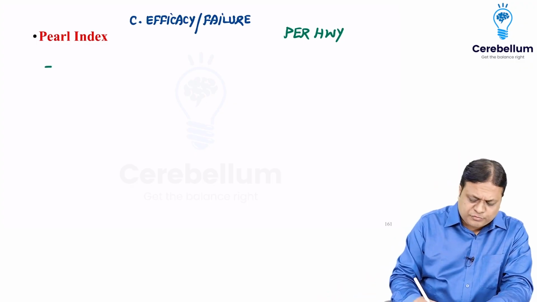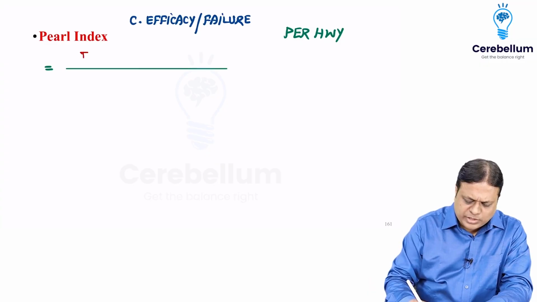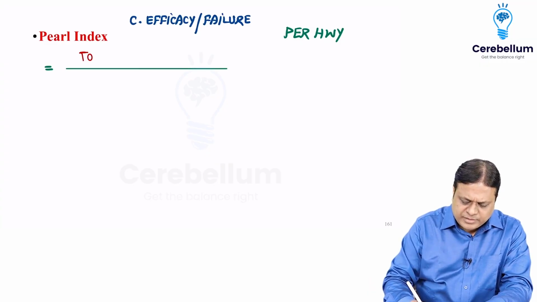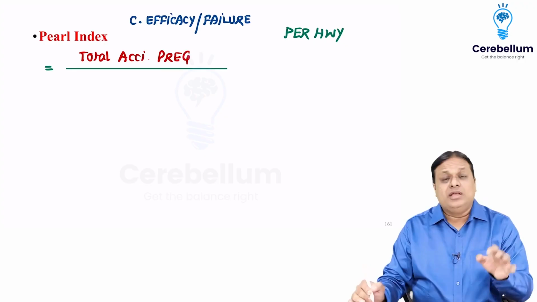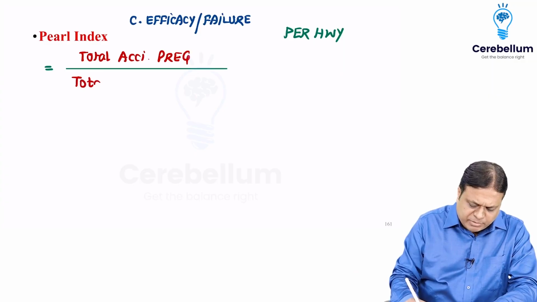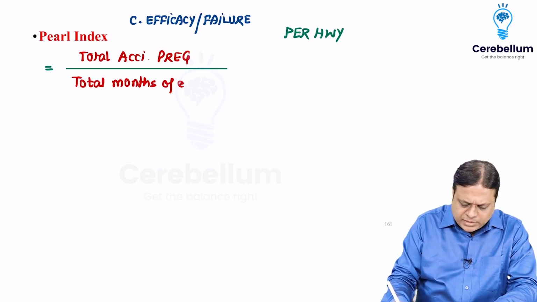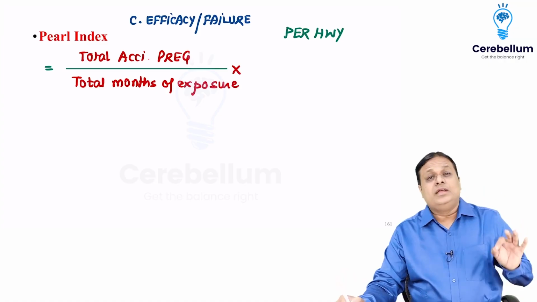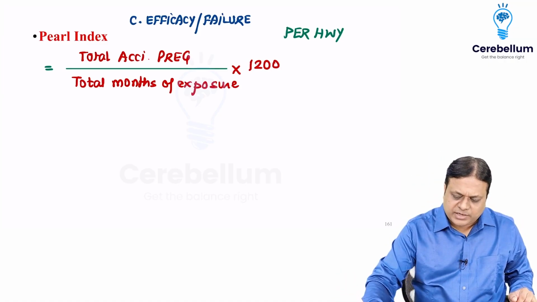Now, the formula of Pearl index is total number of accidental pregnancies. What is the meaning of accidental pregnancies? Those which occur despite using the contraception, divided by total months of exposure. Total months of exposure to contraception means total months of usage, and it has a unique multiplier 1200.